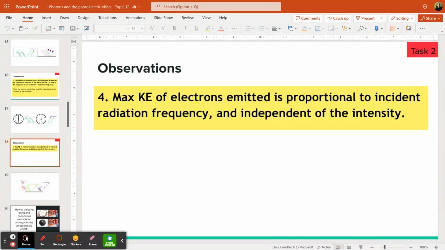But the kinetic energy is completely independent of the intensity. So I can bombard with 1,000,000 photons or 1 photon, and the kinetic energy of the electron emitted will be the same in both cases. It's only proportional to the frequency of an individual photon.